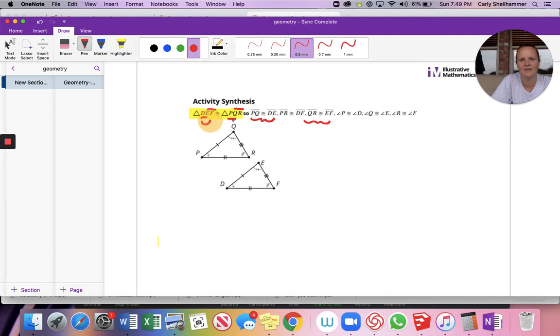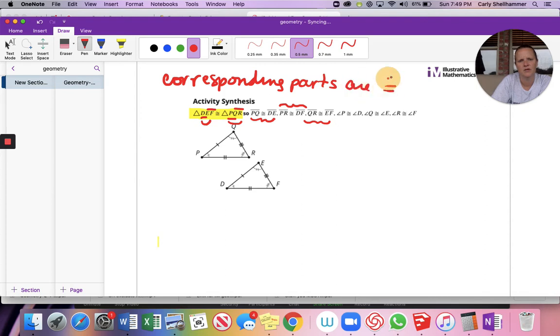Segment DF is congruent to segment PR, which is what we see right here. So those are all the corresponding parts of the triangle. Let me write that down. Corresponding parts are congruent. So if we state that the triangles are congruent, we can say that the corresponding parts are congruent. Okay, make my pen a little smaller.